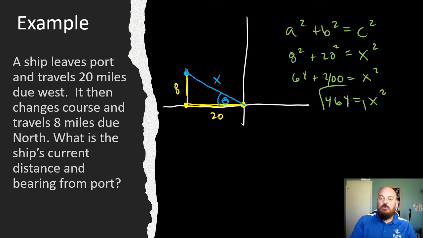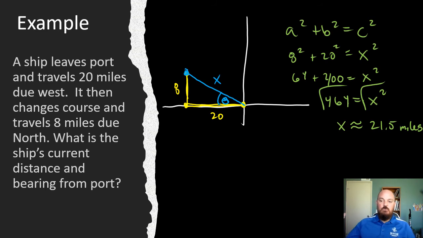We'll take a square root, and I'm going to go ahead and use a calculator and approximate this. It's about 21.5, 21.54 maybe. We'll just call it about 21.5 miles. So x is about 21.5 miles.